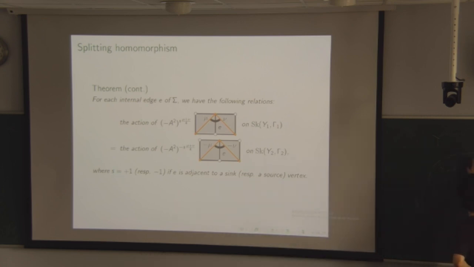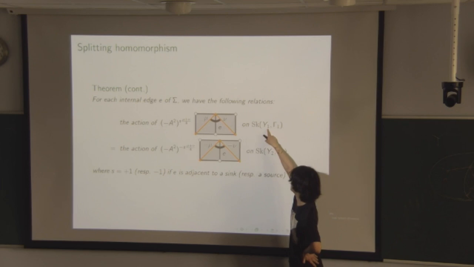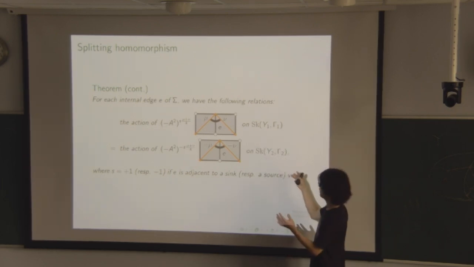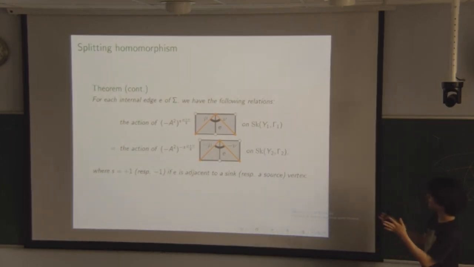And once we've split it like this, then for each vertex of the marking on the combinatorially foliated surface, we get a module structure, both on this skein module of Y1 and also for Y2. And somehow the action must be compatible.